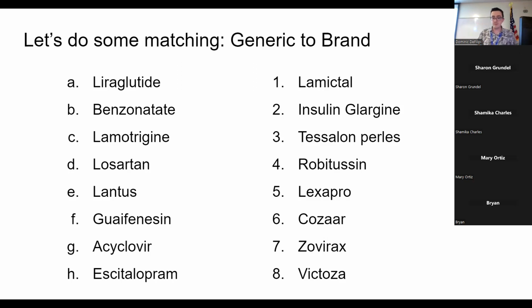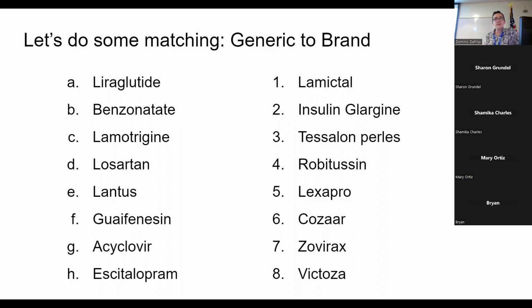So losartan or Cozar is an ARB, an angiotensin receptor blocker. And that is a class of medications along with our ACE inhibitors, all of which are used for high blood pressure.